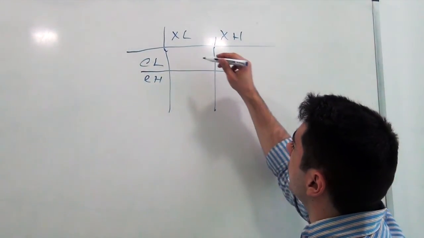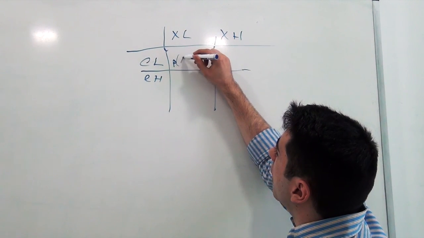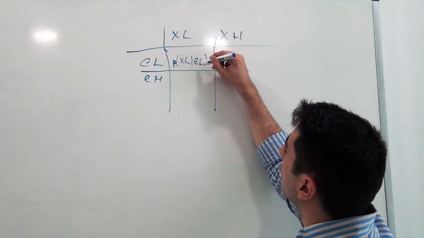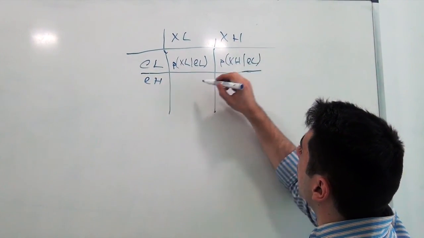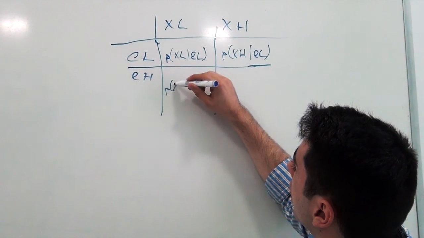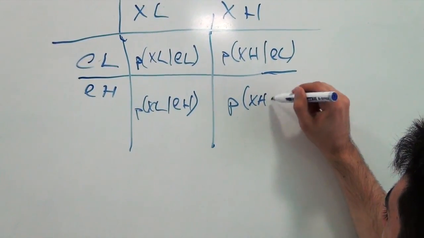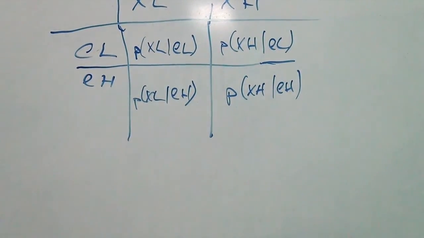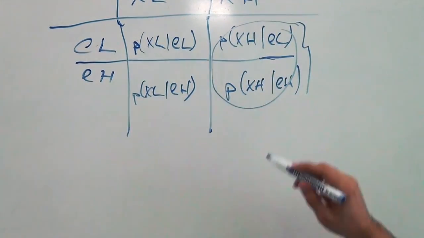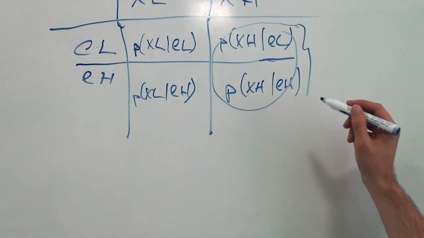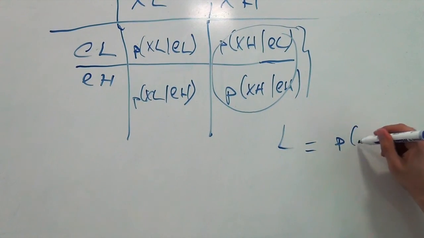So basically these are conditional probabilities: probability of XL given EL, probability of XH given EL, and then probability of XL given EH, probability of XH given EH. So the likelihood ratio is this one. That fraction is the likelihood ratio.